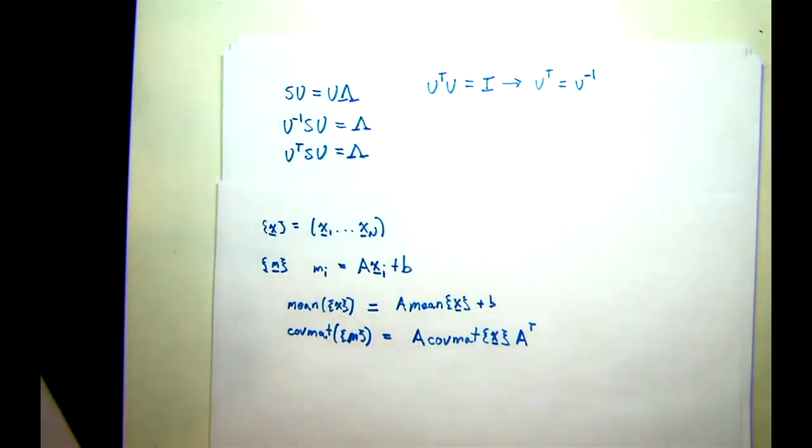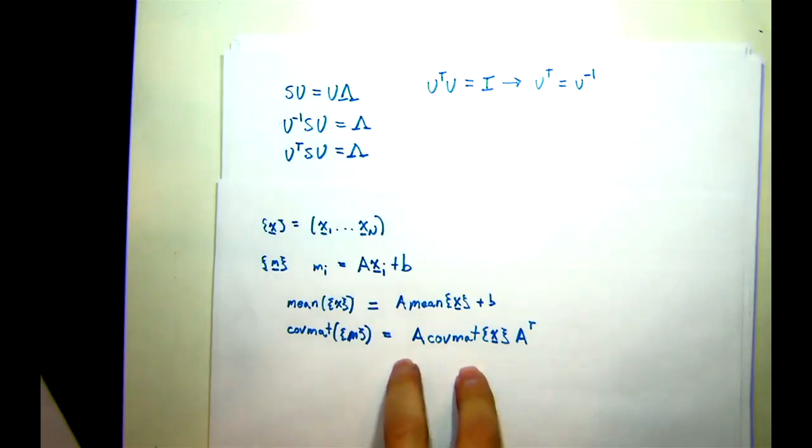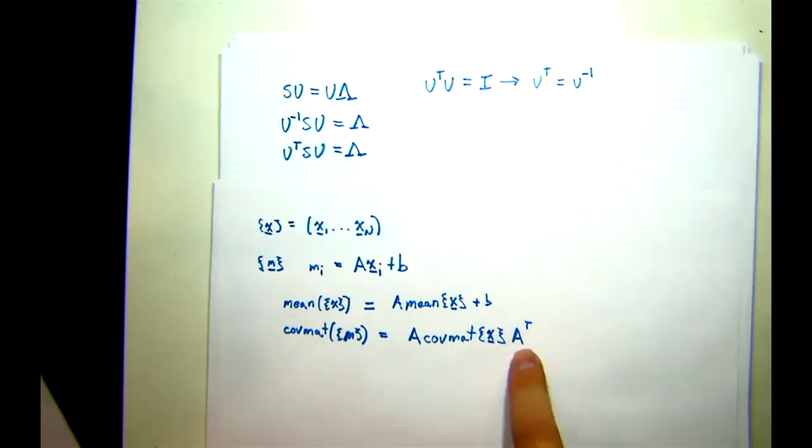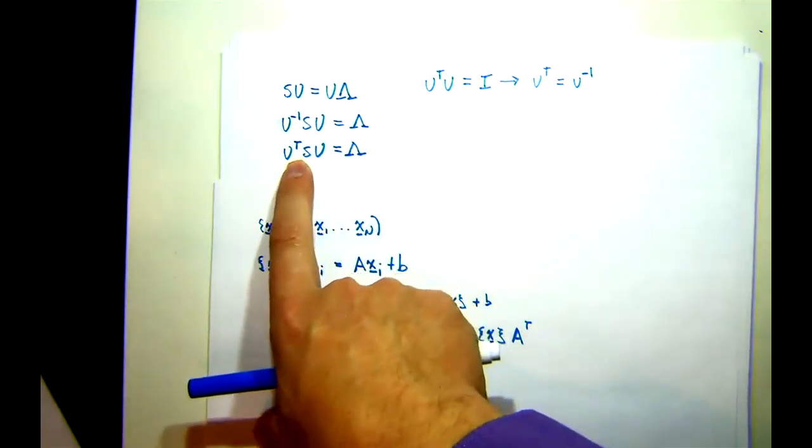So remember, we were trying to apply a transformation to the covariance matrix, which is symmetrical, and the transformation transposed. We want to apply this sort of thing. And you notice that the covariance matrix, A A transpose, is sort of like this.